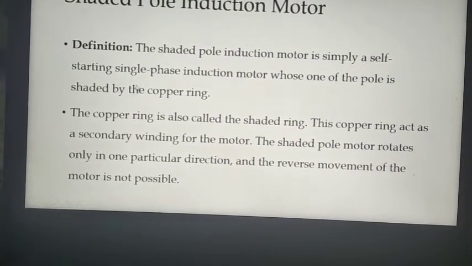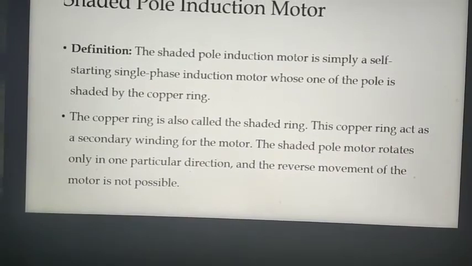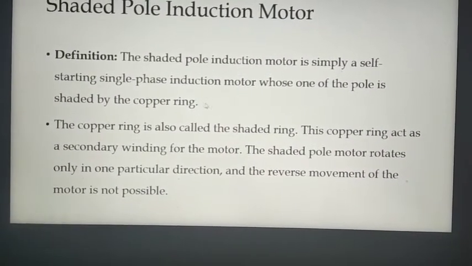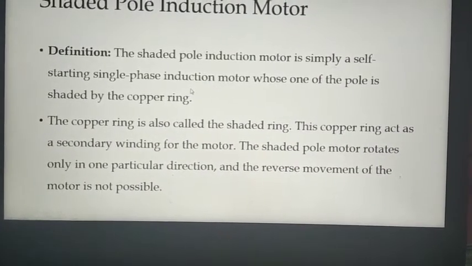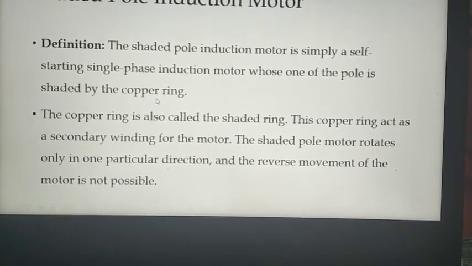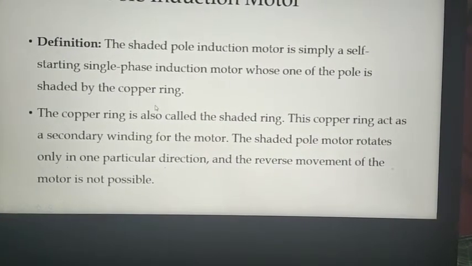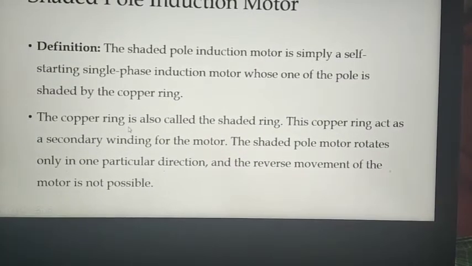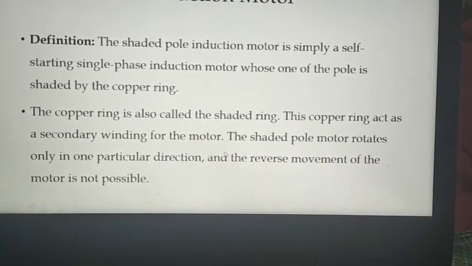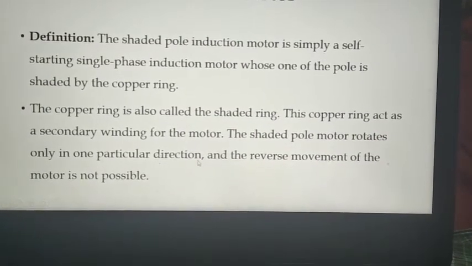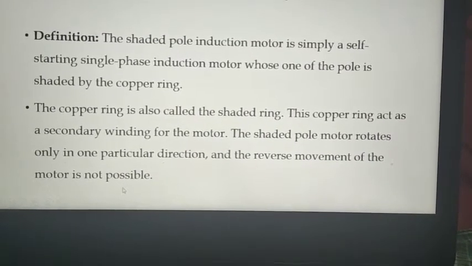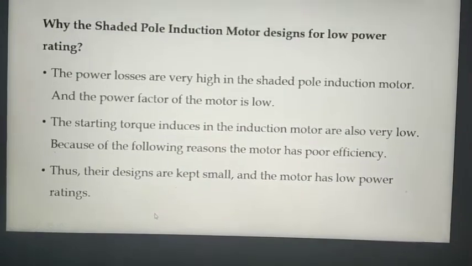In previous cases we said the single phase induction motor is not self-starting, but here a special arrangement is made, that is, the shaded pole induction motor is a self-starting single phase induction motor whose one of the poles is shaded by a copper ring. The copper ring is also called the shaded ring. The copper ring acts as a secondary winding of the motor. The shaded pole motor rotates only in one particular direction and reverse movement of the motor is not possible.